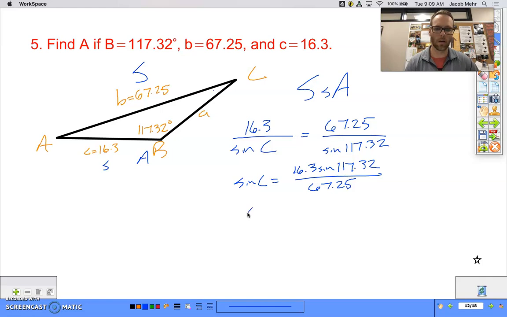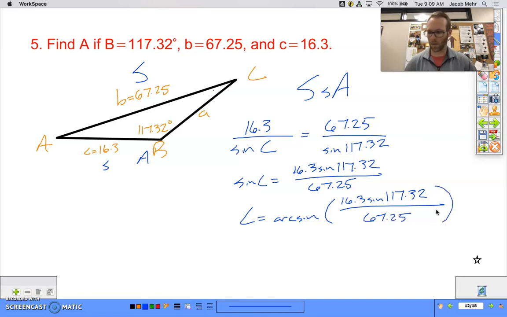I will then take the arc sine of this, and I get C is about 12.4 degrees.